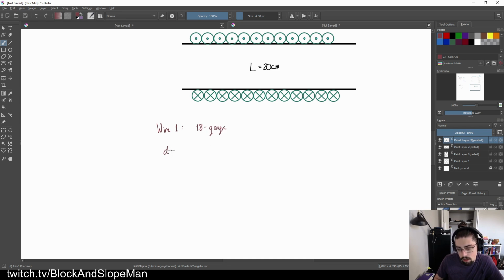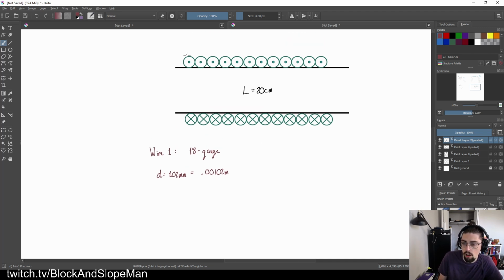So diameter 1.02 millimeters, or let me rewrite this into common terms: 0.00102 meters. What I'm looking at here is trying to stack all of the wires like this, a bunch of circles stacked end to end.